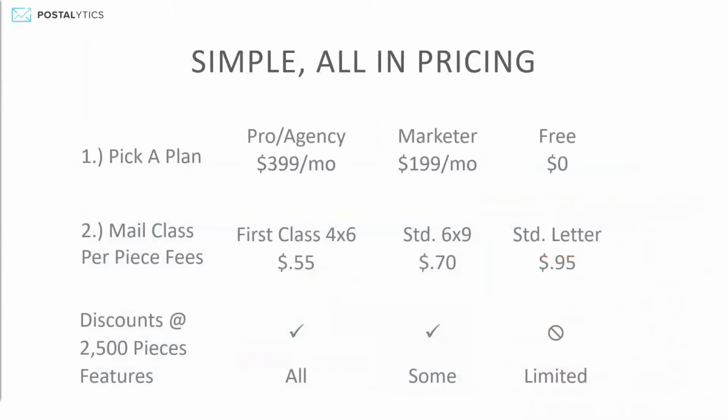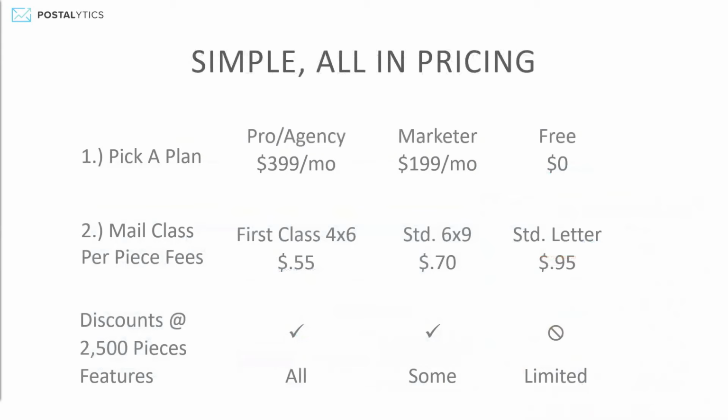Our pricing is another complete innovation here. We've got simple plans, free, marketer, and pro or agency, that have a subscription tier associated with them. And then we have flat, all-in, per piece fees for letters, for postcards.